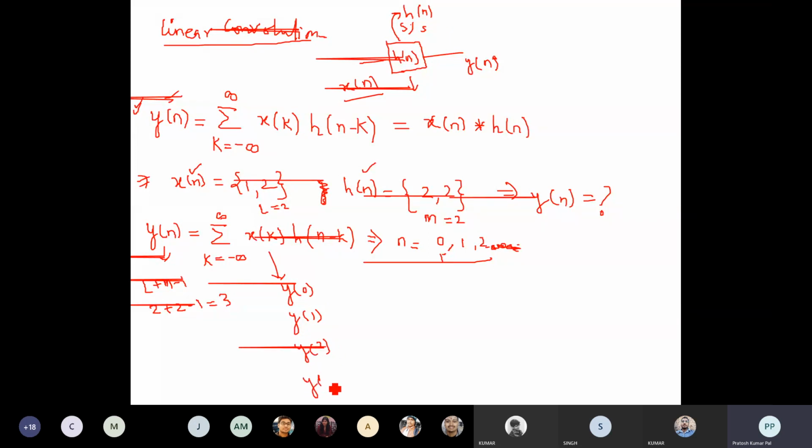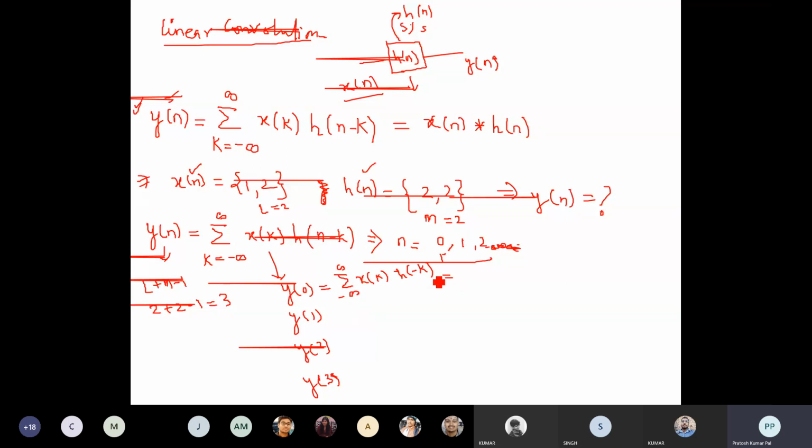Once we put n equals to 0, it will be summation x of k into h of 0 minus k, that is x of k into h of minus k. ठीक है. And this k should be varying from minus infinity to plus infinity, ठीक है.